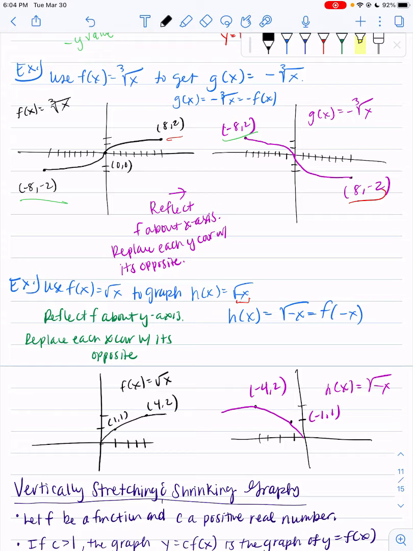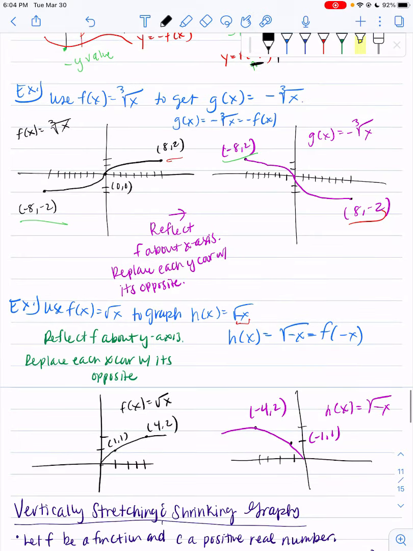I just have 0, 0, so that's a pretty classic point. And then I have 8, 2, and then negative 8, negative 2. Because of the cube root, I'm just taking the cube root of the x values. The cube root of 8 is 2, the cube root of 0 is 0, and the cube root of negative 8 is negative 2.